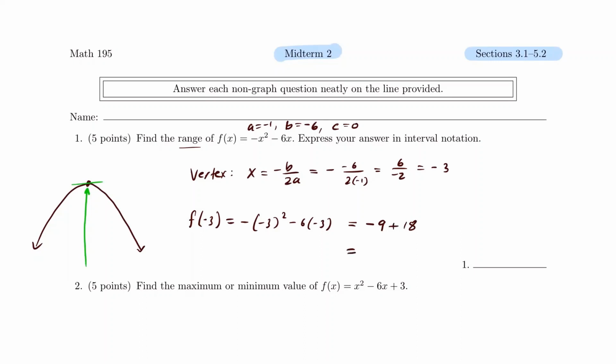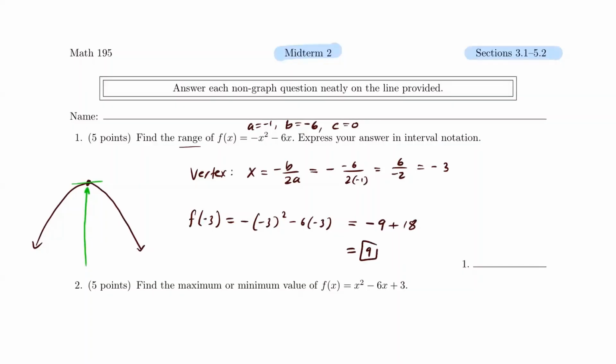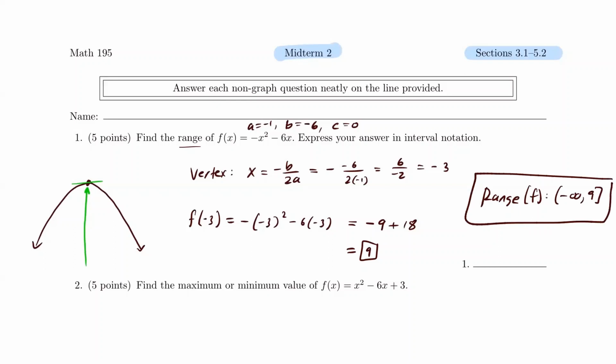When you perform the computation, you get positive 9. So there you have it, that's the maximum value of this function. That means the range of f is negative infinity, since it's facing downward, all the way to this value 9, including 9. So this is our range.